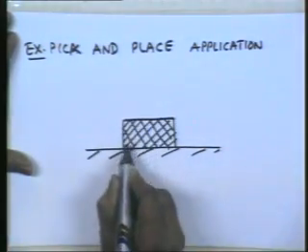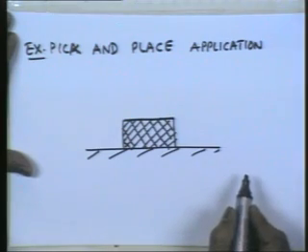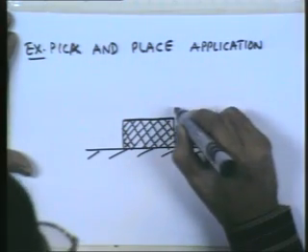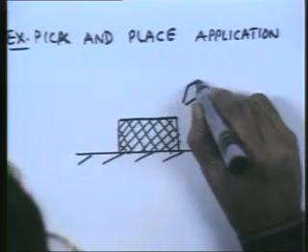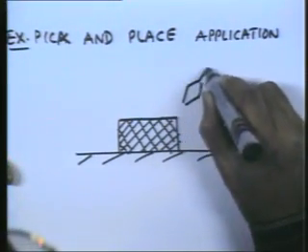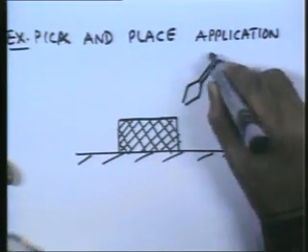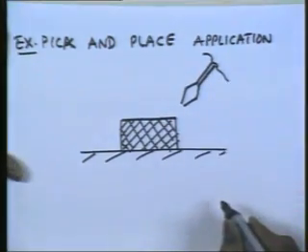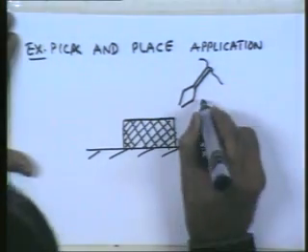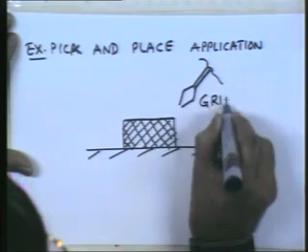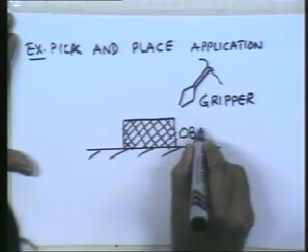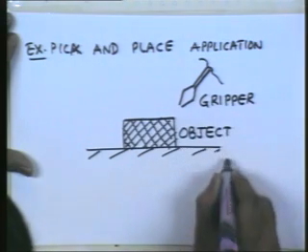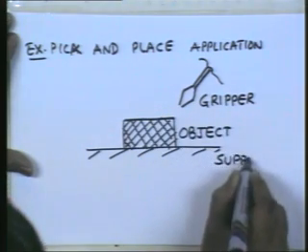You have a certain object placed on the surface, and from somewhere the gripper or the end effector is approaching the object on a surface. This is a support surface.